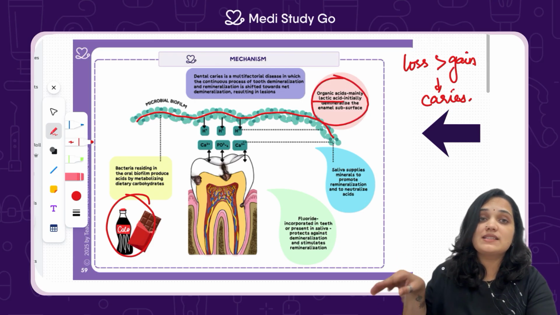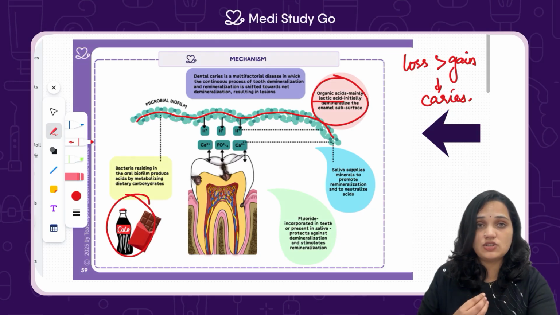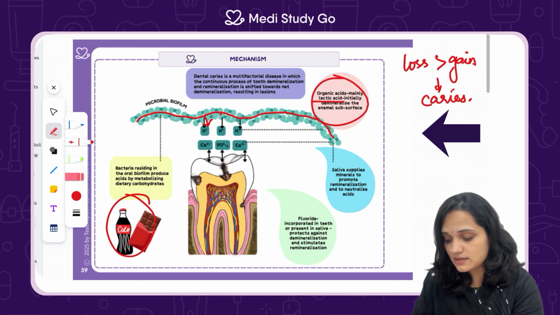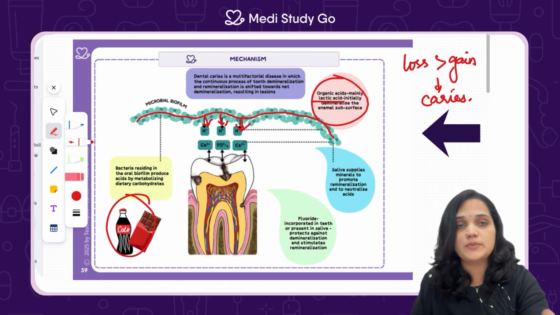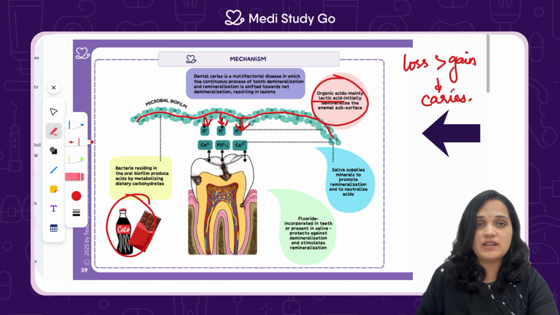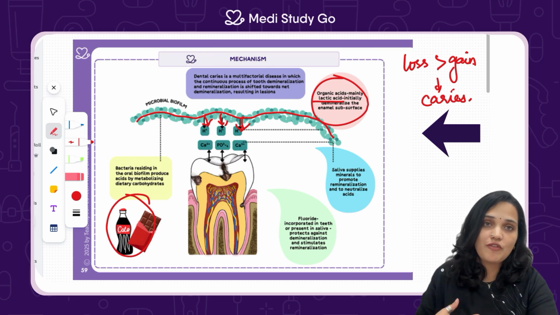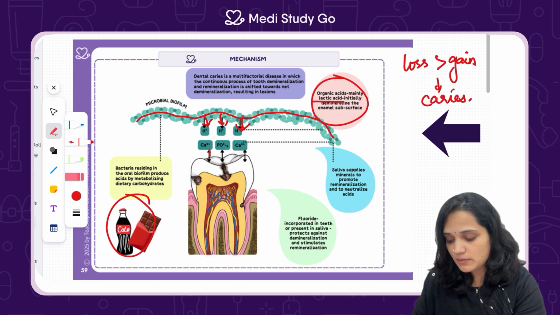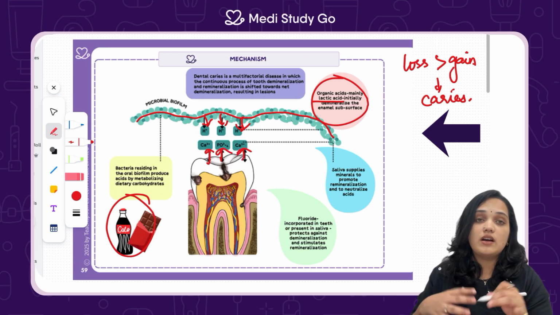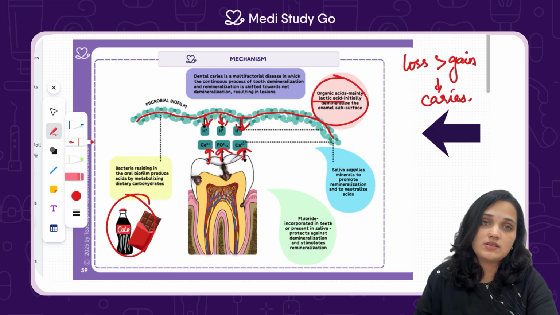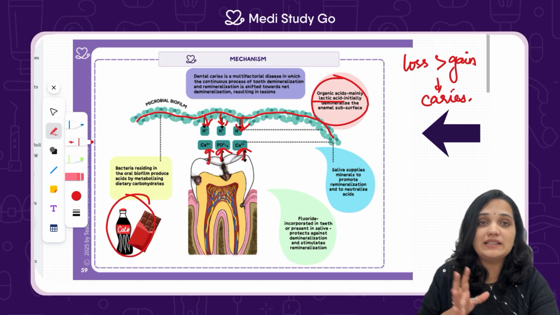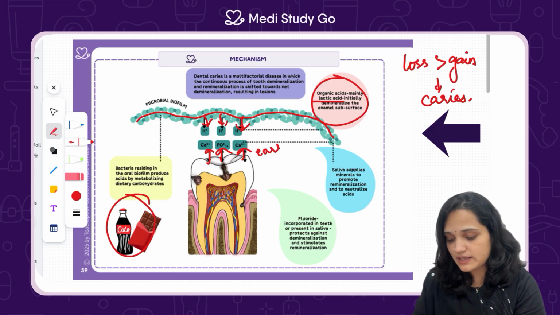Now this acid attack causes demineralization, where acids release H+ ions and they penetrate the enamel. What is the result here? It's the loss of minerals. We see the calcium and phosphate ions that are lost. This causes subsurface enamel demineralization, which is our early caries.